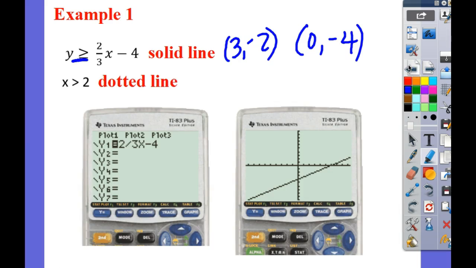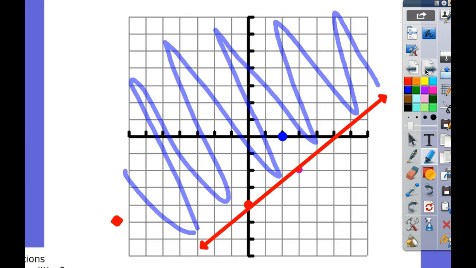Now, the calculator cannot graph this one. What's wrong with the calculator? Why can't it graph that one? It doesn't have a Y. If you look at your Y equals screen, the graphing is always Y equals. And this doesn't even have a Y, so we're going to have to graph that one by ourselves.